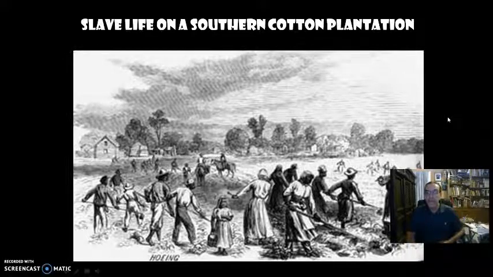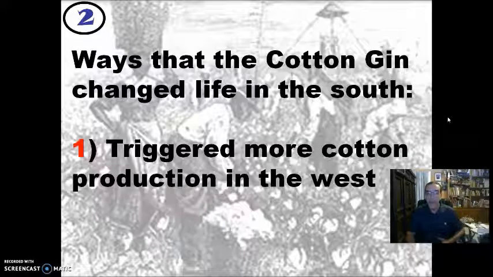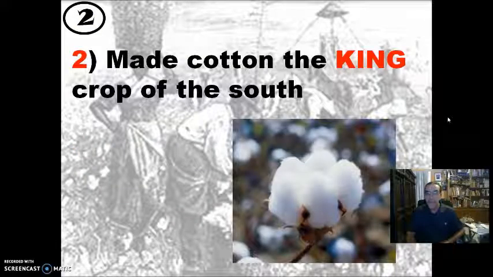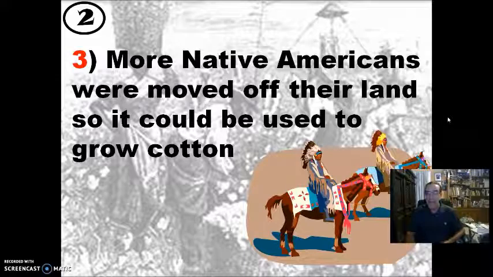Some illustrations in the slave population in 1830. Ways the cotton gin changed the life in the South that triggered more cotton production, made cotton king of the South. And other effects of this particular historical event.